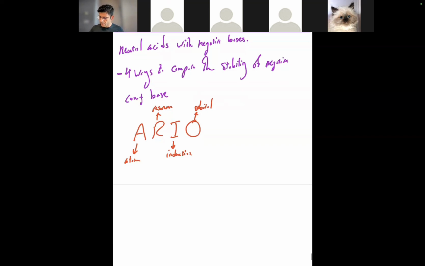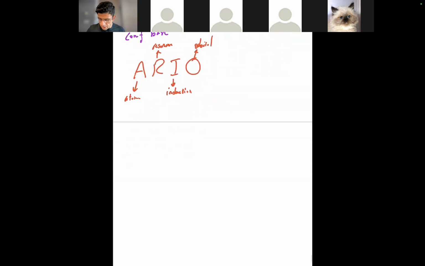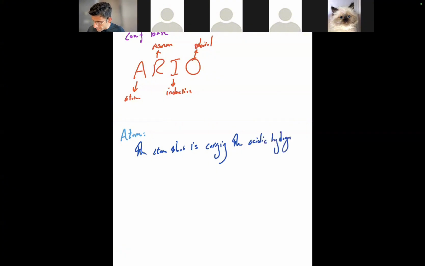So let's talk about it. When it comes to atom, first of all, what do I mean? That means the atom that is carrying the acidic hydrogen is different between 2 acids.